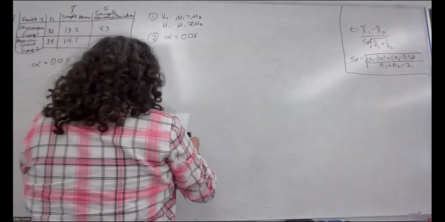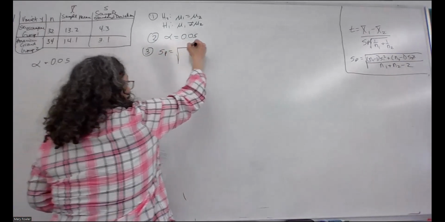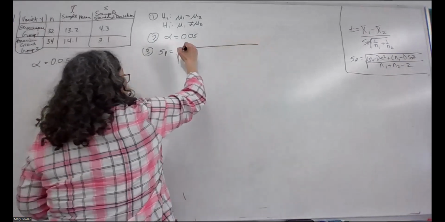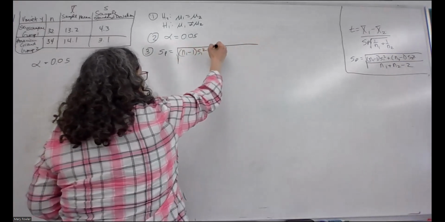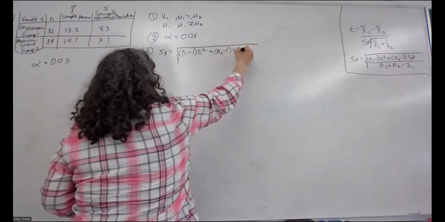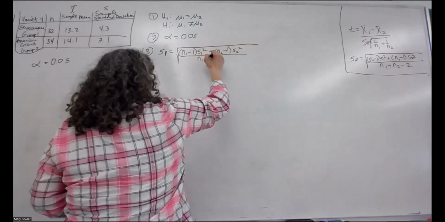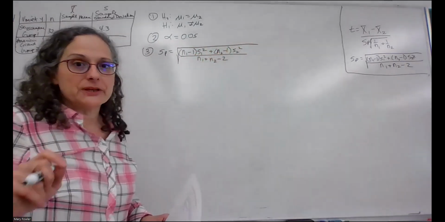Okay, so let's jump in with the SP formula. One big square root, N1 minus 1 times S1 squared plus N2 minus 1 times S2 squared, divided by N1 plus N2 minus 2.